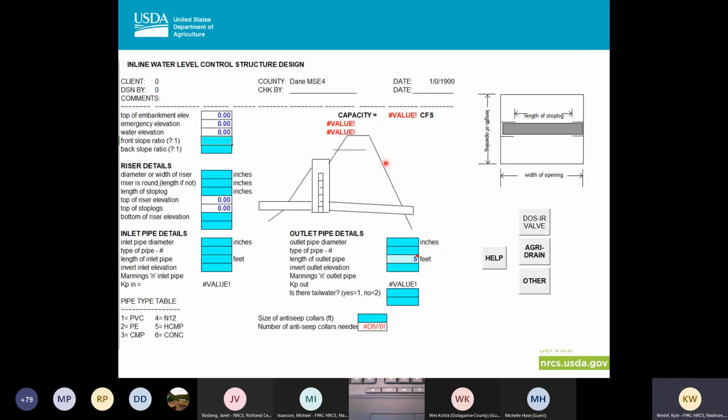So another type that we're going to use in wetland settings a lot is these inline water control structures. Again, that's the same principle. You've got your spillway up here, so this can be weir or orifice, and then you've got your pipe. This is all the same, except now you introduce another pipe in the equation, but that's not really going to affect this portion of the calculations.